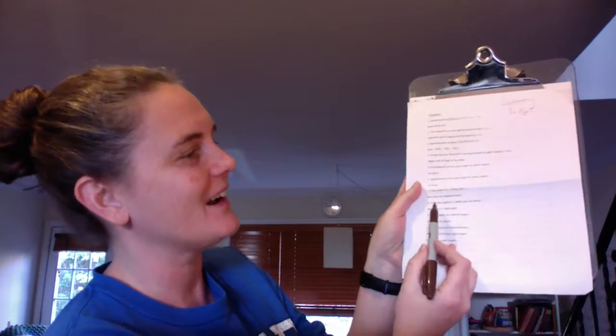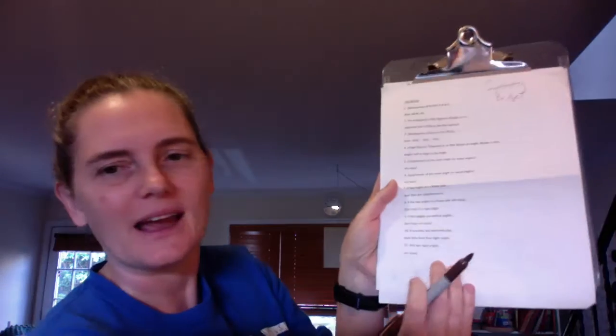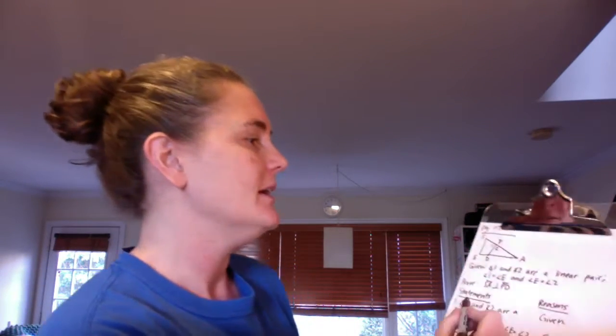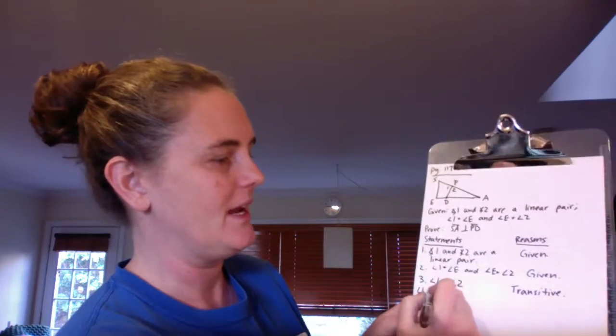Aha! It was 8. I was right, Sydney. You proud? Here we go. If the 2 angles in a linear pair are equal, then each is a right angle. I'm going to go ahead and write it out, though, so I can remember it.